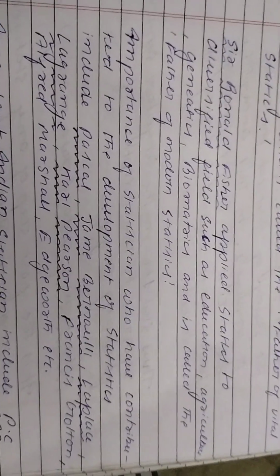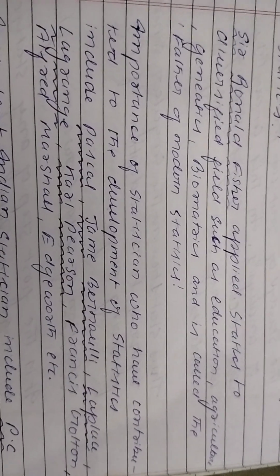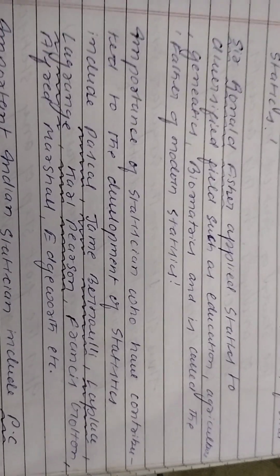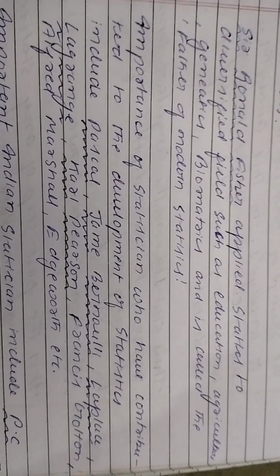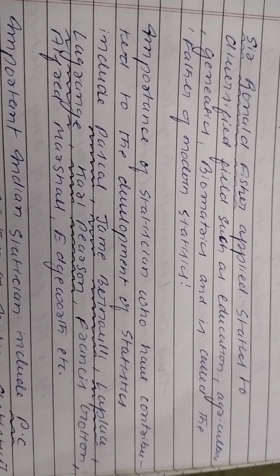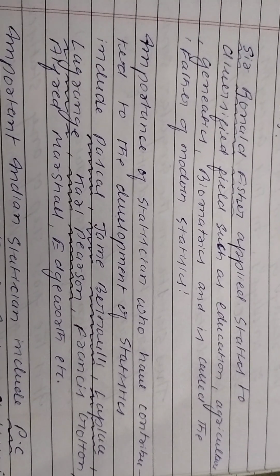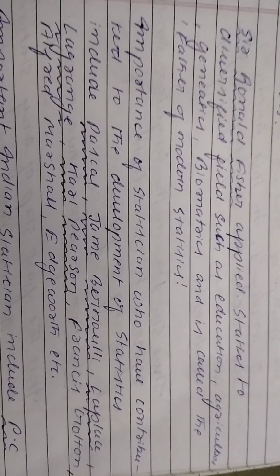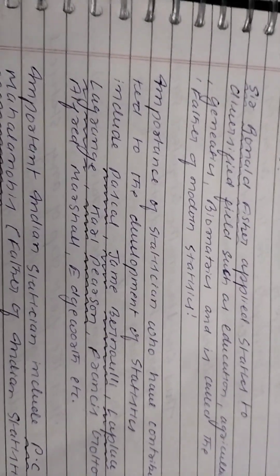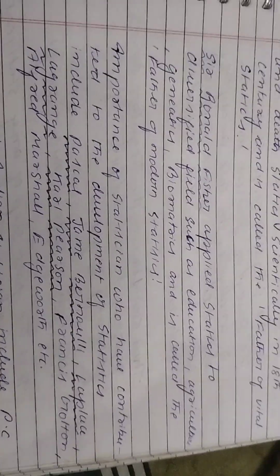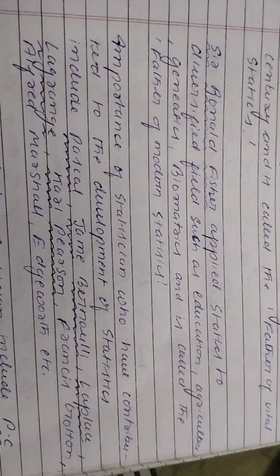Then important statisticians who contributed to the development of statistics include Pascal, James Bernoulli, Laplace, Lagrange, Karl Pearson, Francis Galton, Alfred Marshall, Edgeworth, etc. These are some famous statisticians who have contributed to the development of statistics, and we will study more about them further. I will mention one name, Karl Pearson.